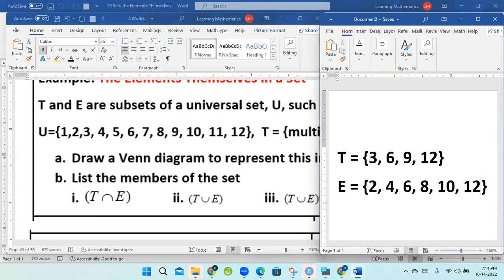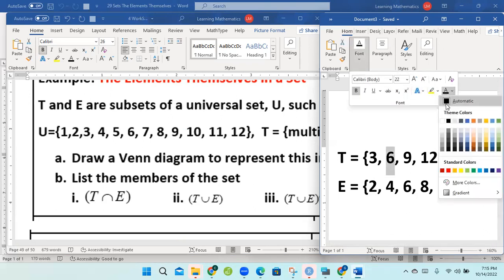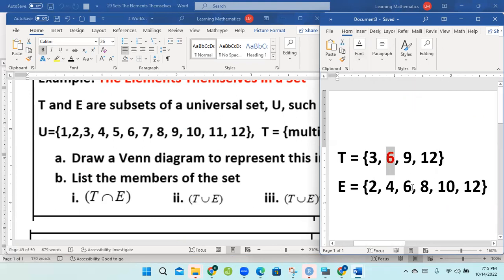We can clearly see that between T and E, there are some numbers that are repeating. These numbers are called the intersection, because they are found in both T and E.